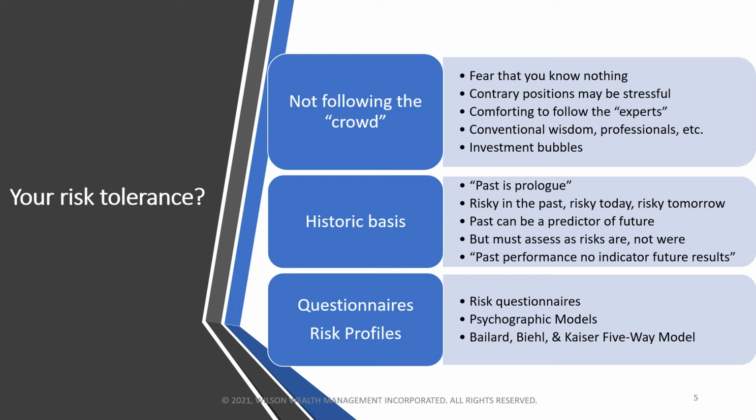So you always have to look at, where are we today? What is the economic situation? What is the competition? What new factors does the company bring to the table that may break that historic result? So you assess everything on a pro forma going forward basis.